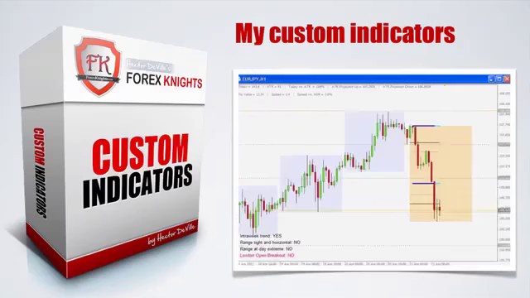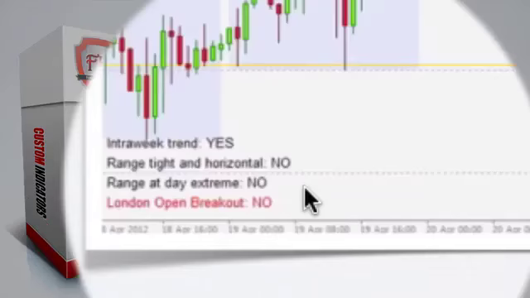Also, I'm going to get you an indicator that's specifically designed for the London Open breakout strategy. Basically, it's an indicator that scans price action around the London Open and then it marks whether there is a potential London Open breakout setup on that specific currency pair.